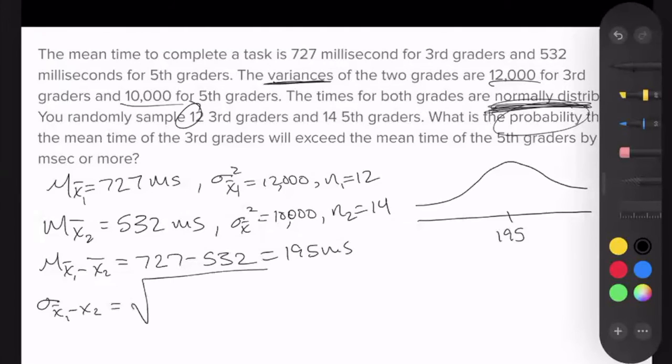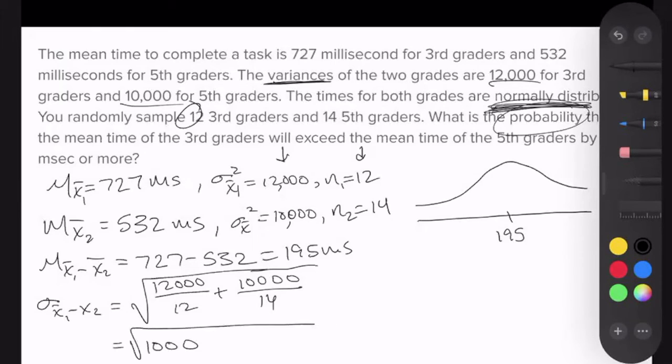Now I need a standard deviation. I'm going to my big formula, and I'm going to do variance over n. So 12,000 over 12 plus 10,000 over 14. And 12,000 over 12 is 1,000. So that's nice and easy. 10,000 divided by 14 is not pretty.